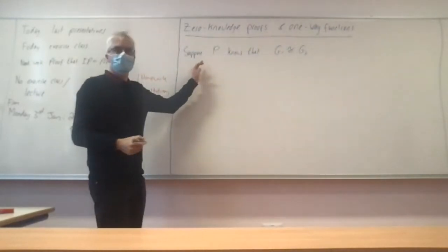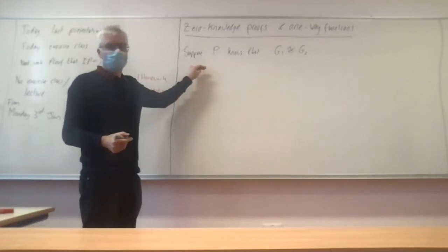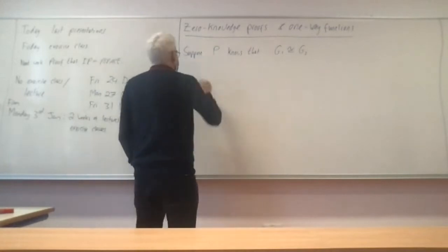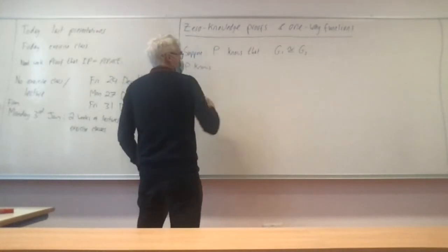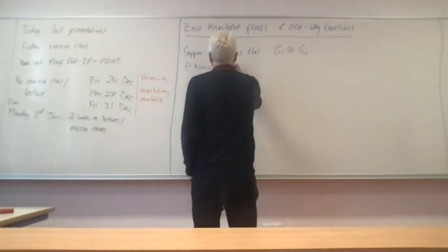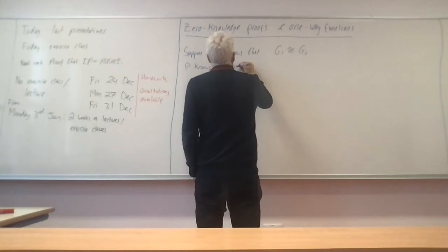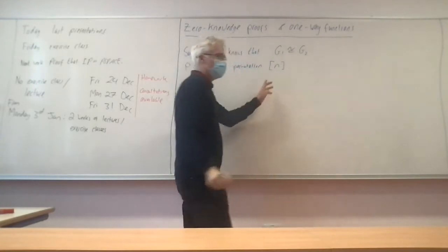Well, how do I know that? I have an isomorphism between them. So P knows an isomorphism from G1 to G2. An isomorphism is a permutation on the n element set of vertices.